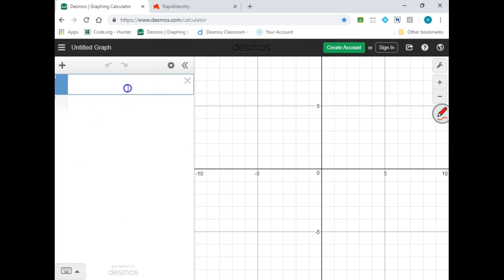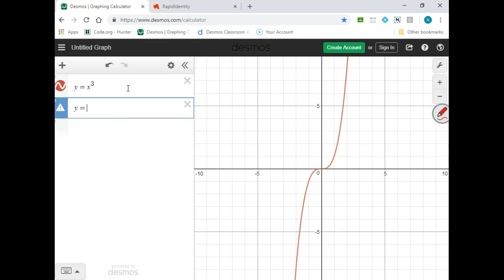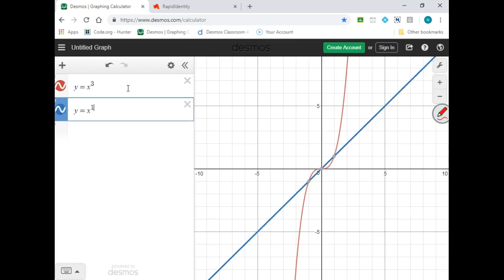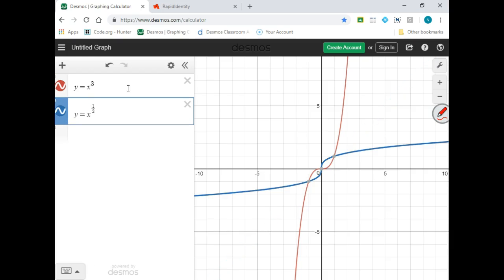Let's say we're looking at y equals x to the third and y equals x to the 1/3. Okay. Now, I know that those are inverses. I know that they undo each other because this is the cube root of x.